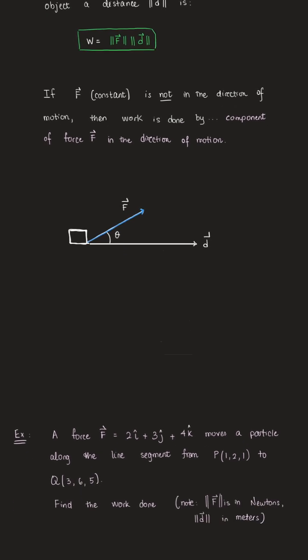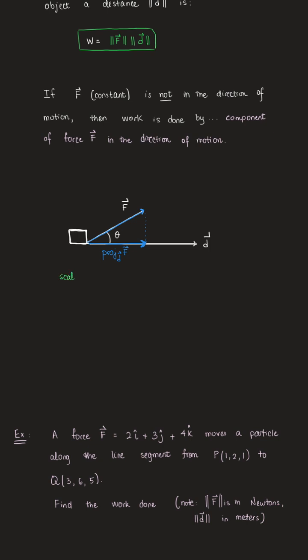So let's think about this a little bit. If the work now is going to be done by the component of the force in the direction of motion, that means that the work is done by this vector. And this vector has a magnitude. This is the projection of vector F onto vector D, and we know that its magnitude is the scalar projection.